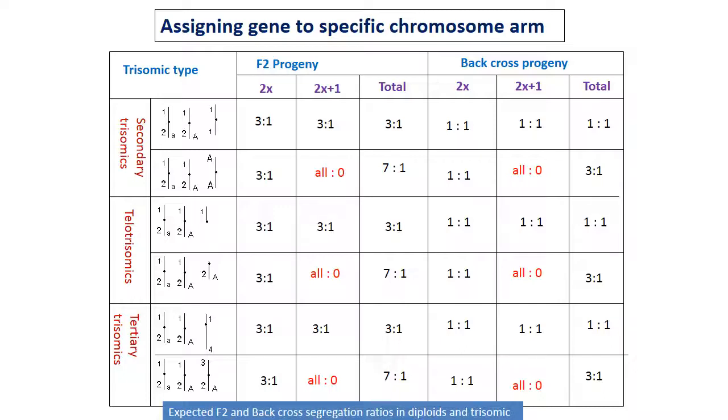How can we do it? We look at the F2 progeny and secondary trisomic, telotrisomic or tertiary trisomic; if we want to get all in dominant form and none in recessive form, we can easily identify it with the help of different cross combinations, or by backcross progeny or F2 progeny, when we obtain secondary trisomics, telotrisomics and tertiary trisomics after a particular cross. Here the things are given in red.